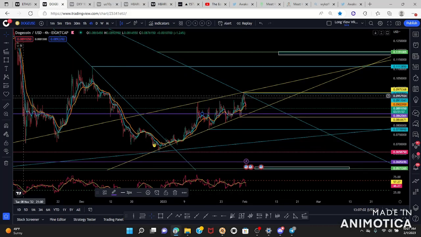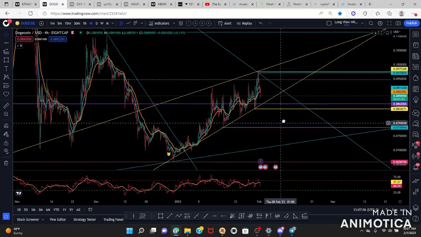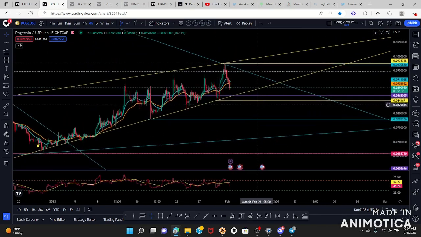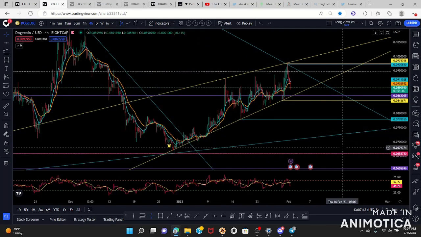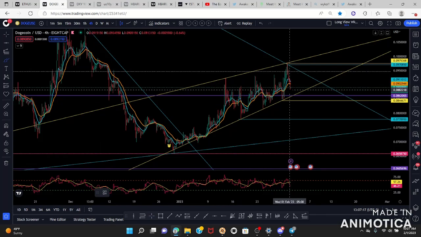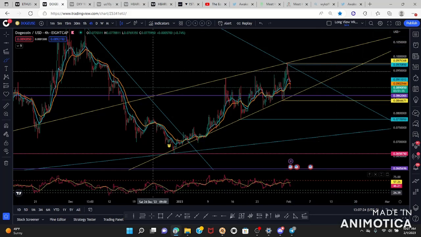Those are my EMAs. So for me to take a short, you have to have a checkoff list. You have to make sure that you just don't assume that, oh, it's going down because you have a wedge. What's not to say that we could continue consolidating, keep doing this for days, or just wake up.